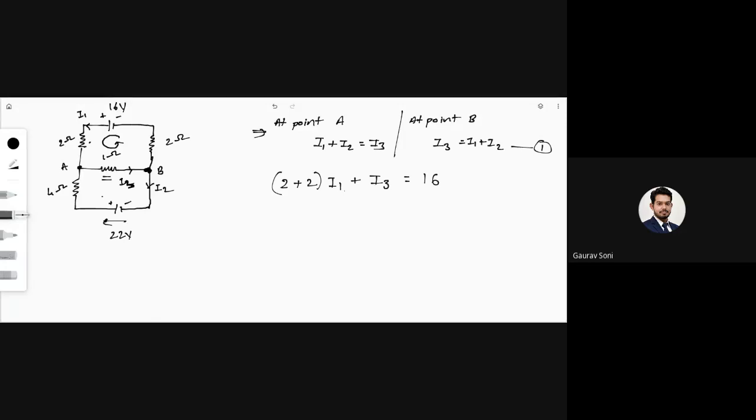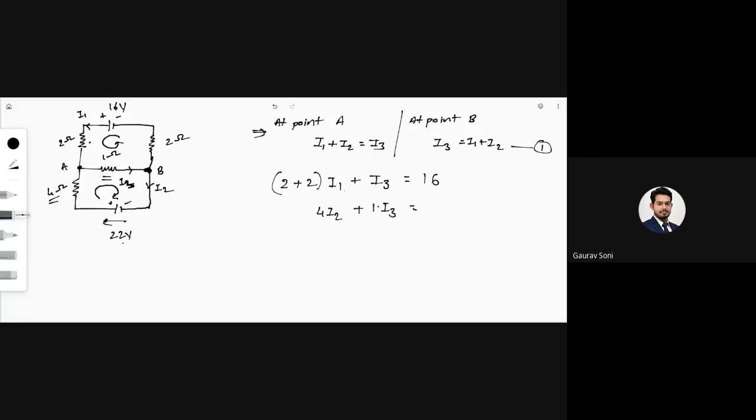And the other loop I will consider, it is like this, the lower one. So in this loop, the current I2 is passing through only one resistor, that is 4 ohms. So 4 into I2. I3 is passing through one resistor, that is 1 into I3.